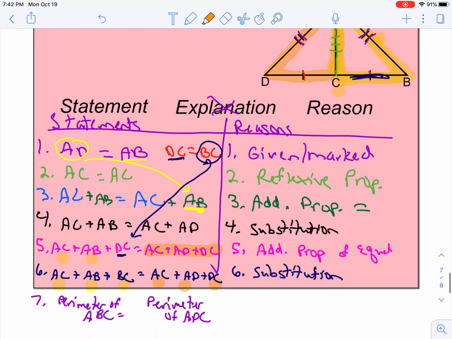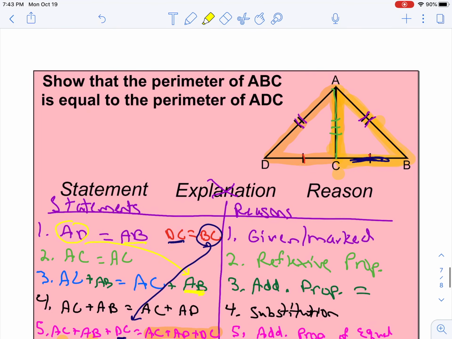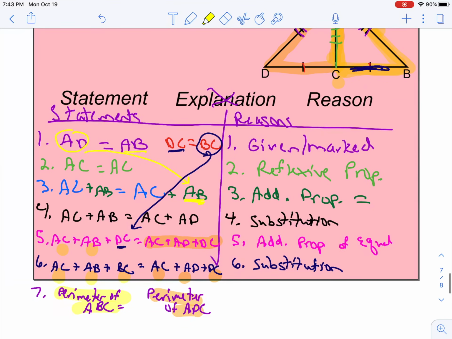I have these backwards, I guess. Here's ADC, and here's ABC, but those are the correct perimeters. And it's really kind of the same thing. They're equal to each other. It doesn't really matter which side of the equal sign they're on. If we wanted to, we could flip-flop them around using the reflexive property. But that's by definition of perimeter. And we can say substitution.